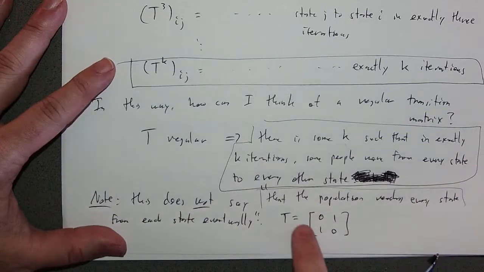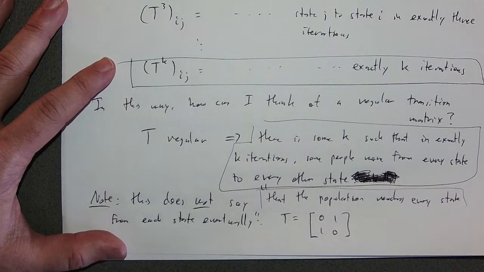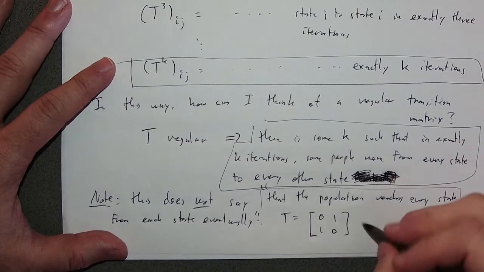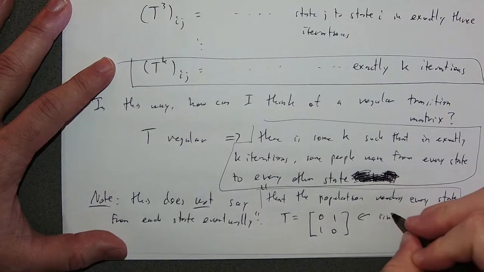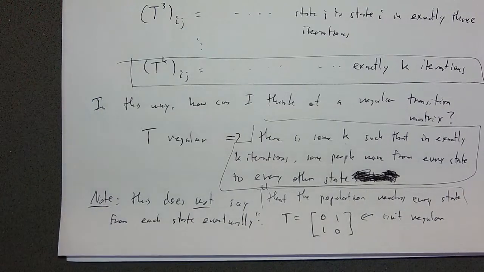To see that, for this transition matrix, the states alternate, so everyone alternates states, but this isn't regular. In this case, the entire population moves from one state to the other.